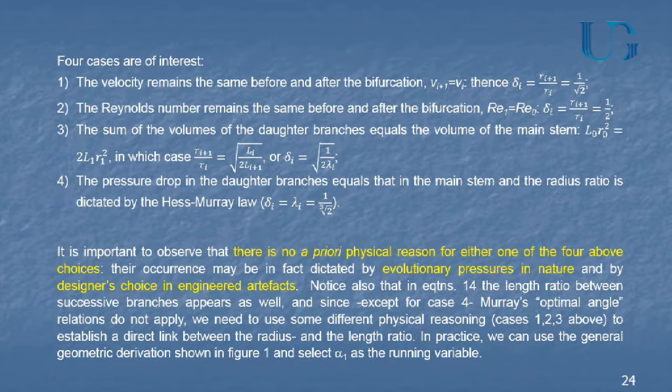And as a matter of fact, there is no reason a priori for which each one of these must happen in nature. A tree doesn't know the Reynolds number, doesn't know the velocity as a concept, doesn't know Murray's law. A tree bifurcates because of some other reason. Okay? So it might bifurcate according to any of these laws. So which one is the most likely in an evolutionary sense? The one which generates the least irreversibility.